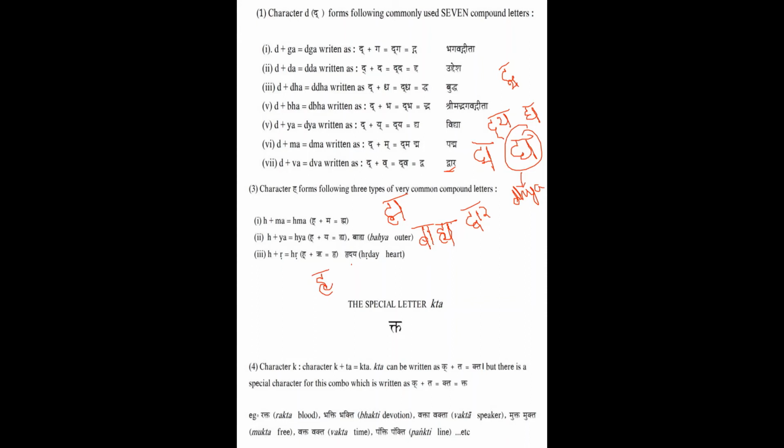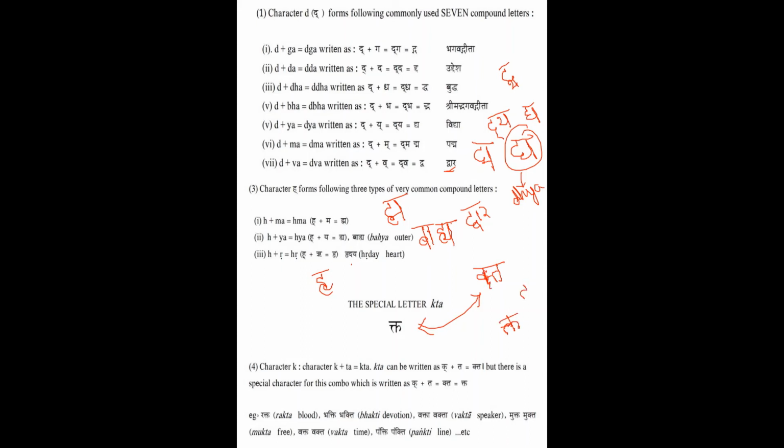K plus ta. You can write ta in this way or in this way also. This is ka, right? I told you to remember to remove this line, no? So they made it like that.